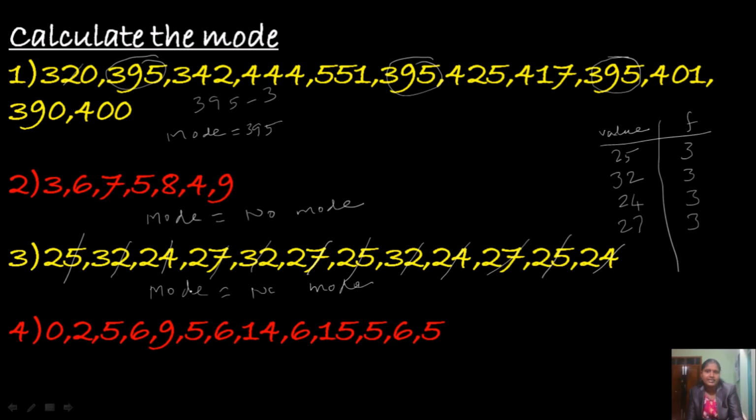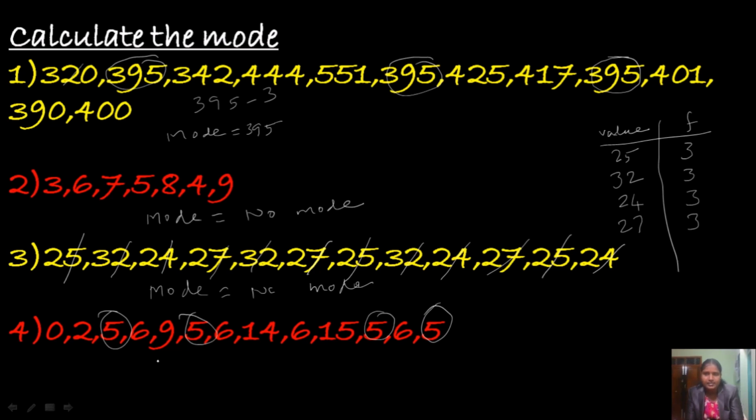Let's go for the next one: 0, 2, 5, 6, 9, 5, 6, 14, 6, 15, 5, 6, 5. So here 0 occurs only one time, 2 occurs once, whereas 5 occurs 1, 2, 3 and 4 times.